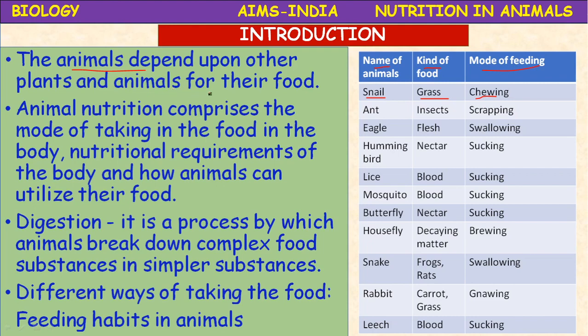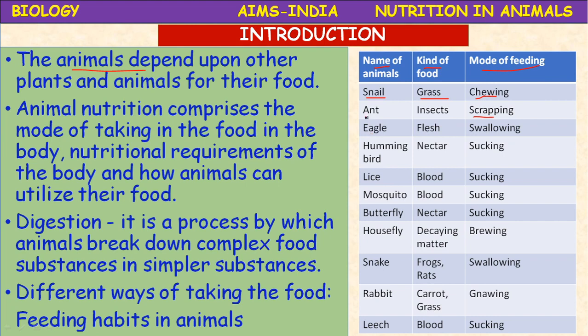Next, ant. Ant is an insect. It is a heterotroph, actually an omnivore. The mode of feeding is scraping. With the help of its mandibles, it cuts food into small pieces and consumes it.